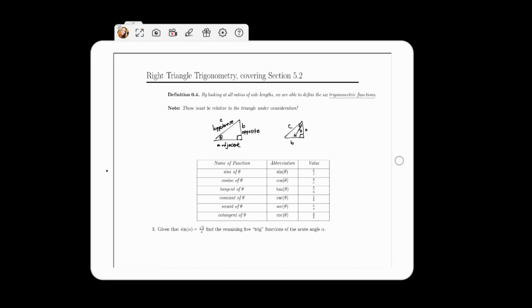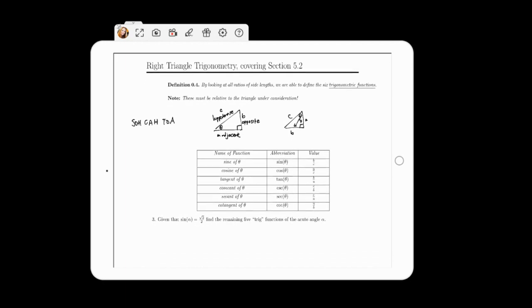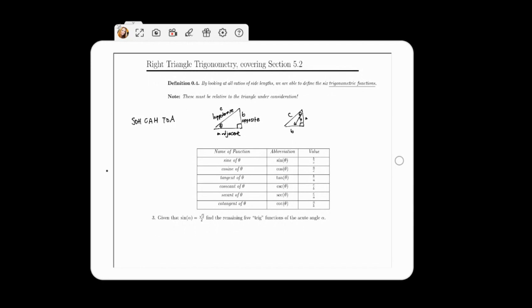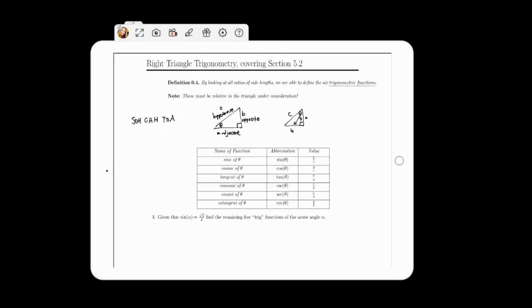Okay, and then we have this little cute shortcut thing, which is SOHCAHTOA. This helps you remember the names of each of the ratios, because as you can see, the sine of theta, which is abbreviated sin of theta, has the value B over C. So that's what this is saying.